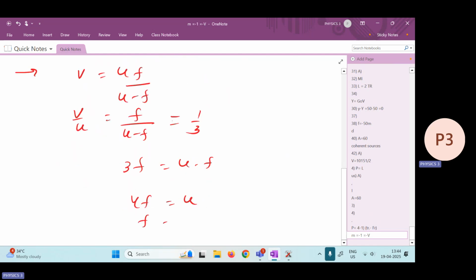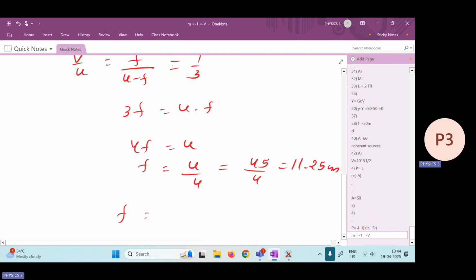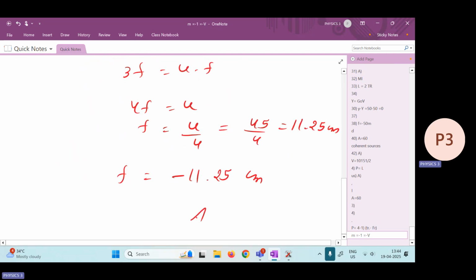So f will be u by 4. So that will be 45 by 4. That will be 11.25 centimeter. That is just its magnitude. So the focal length we have to write negative for this mirror. So that will be minus 11.25 centimeter. So A option is absolutely true in this situation. Okay, now let's go to the next question.